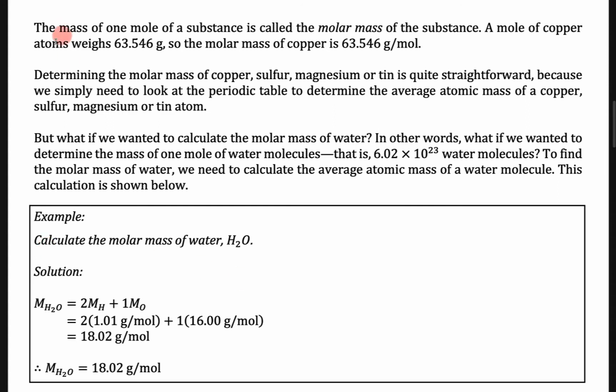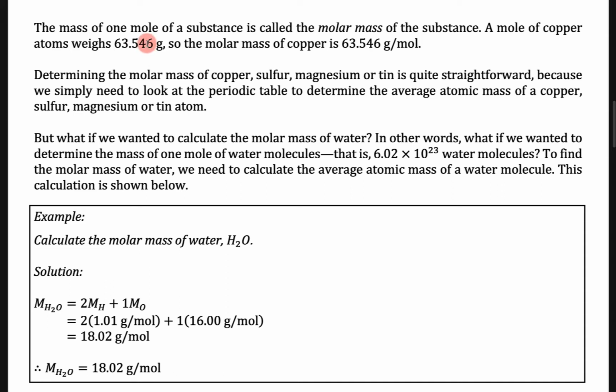Okay. So that brings us then to this idea of molar mass, which I think is helpful for us to go over. So the mass of 1 mole of a substance is called the molar mass of a substance. And so in the case of copper, we've said that a mole of copper atoms weighs 63.546 grams.